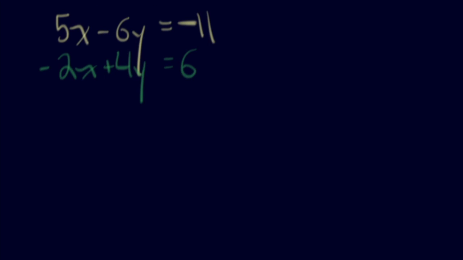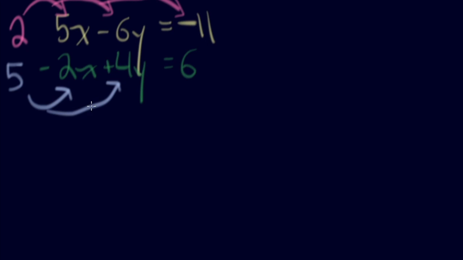So I'm going to multiply this entire equation by 2. And I'm going to multiply this entire equation by 5 because I want to eliminate the x's. That's what I decided to do. When I do that, I'm going to get completely different equations.